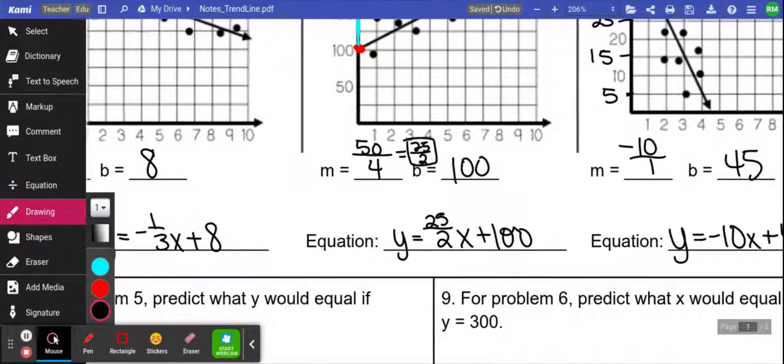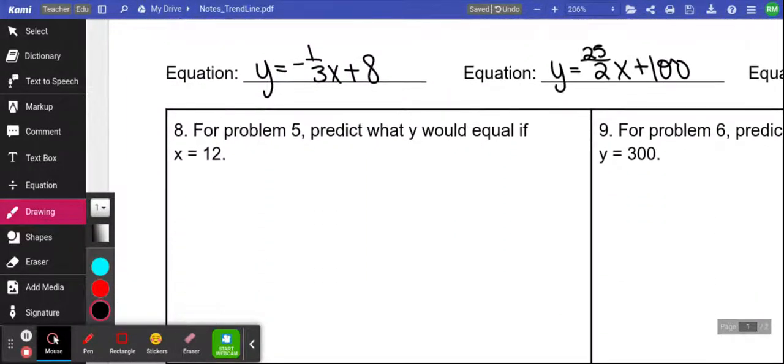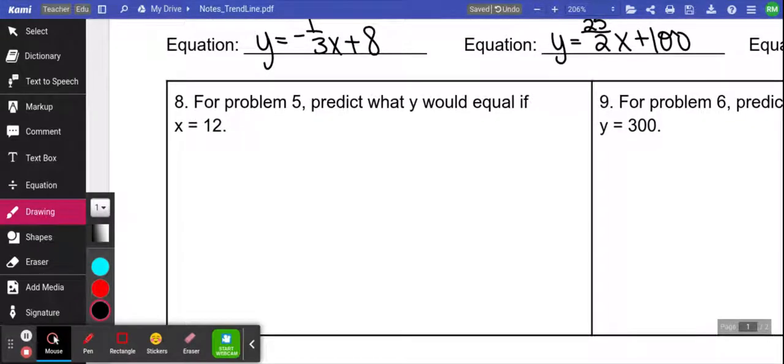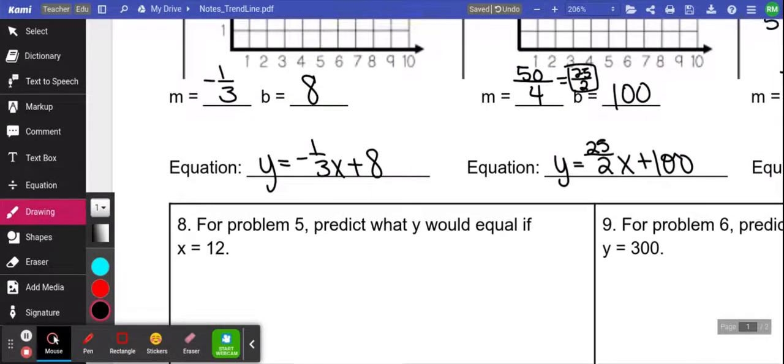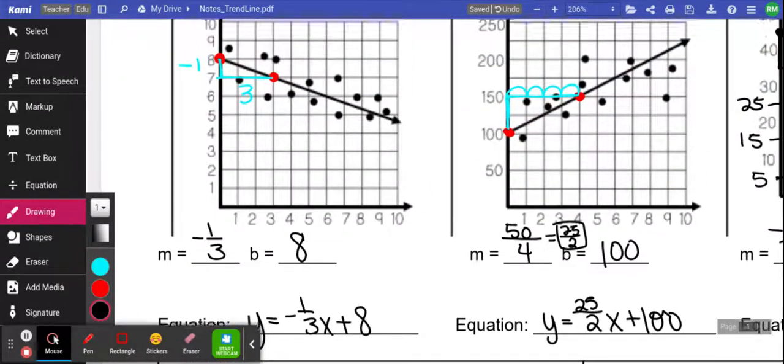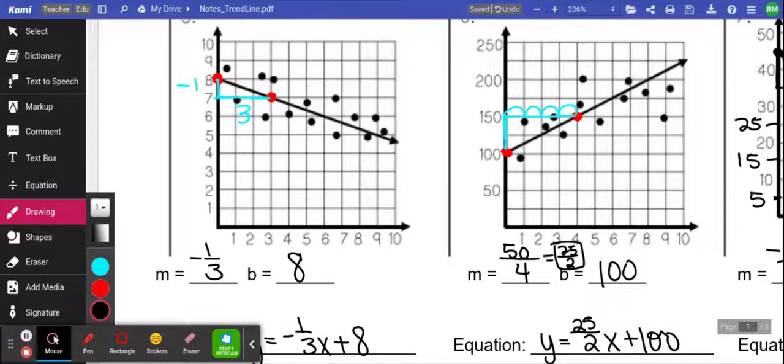I'm going to have to be a little bit quick on 8 and 9. So it says for problem 5, predict what y would equal if x was 12. If we look back at problem 5, what if x was 12? Are my x's on this line or on this line? Left line. Yeah, this is my x-axis.